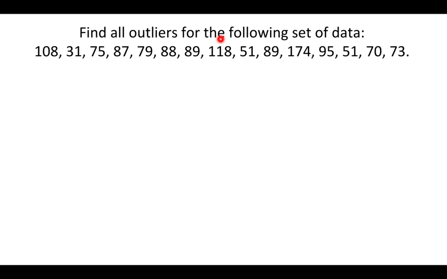It looks like I typed in 15 values, so I'm going to count them: 3, 4, 5, 6, 7, 8, 9, 10, 11, 12, 13, 14, 15. All right, I got them all. So my interquartile range: Q1 is 70, so hopefully you got that. Q3 is 95. The IQR is 95 minus 70, which is 25.